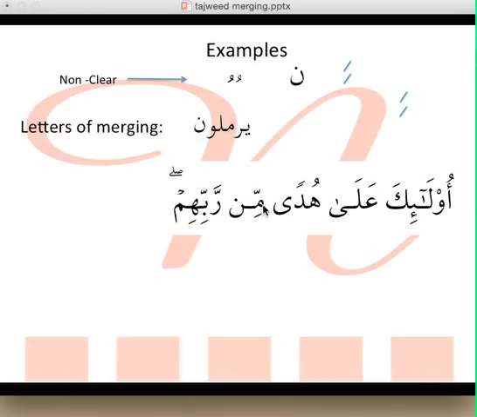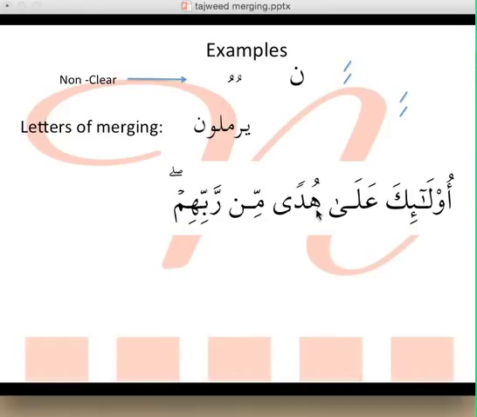We go straight from the meem to the ra without any ghunna. And hudan, also, there is the fathatain. This is not ya, by the way. This is alif maqsura, just because we need to put the fathatain on it. Afterward there is meem, part of yarmilun, so we have to apply the merging.